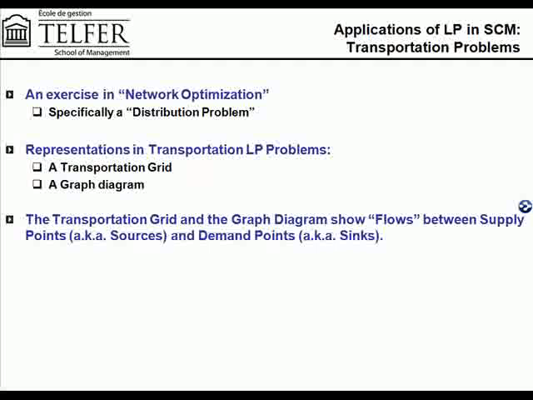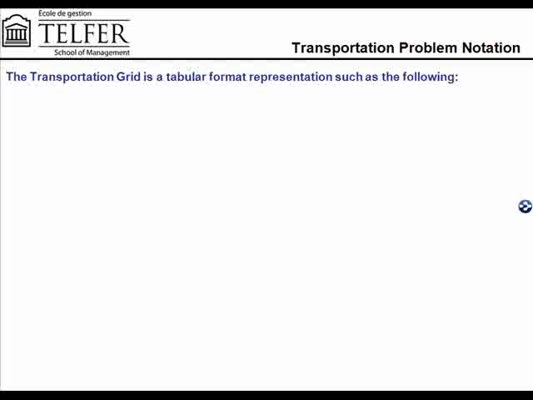First of all, we're going to talk about the notation we're going to use to depict these transportation problems. There are two most commonly used ways of depicting these problems: the transportation grid and a graph diagram. They depict the flows between supply points, which are also known as sources, and demand points, which are also known as sinks. So let's look at a transportation grid first.